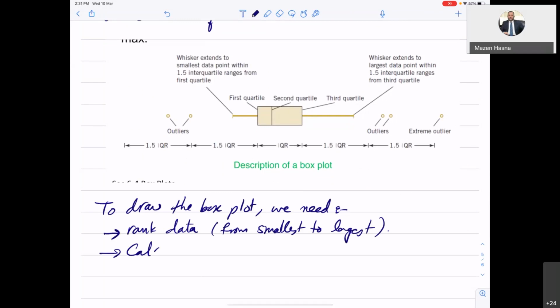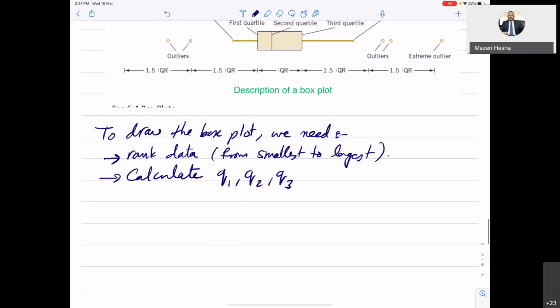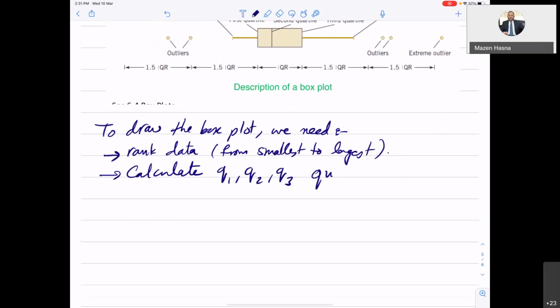We need to calculate Q1, Q2, and Q3. What are those? These are what we call quartiles. What are quartiles? Q2 is just the median, or the middle point.